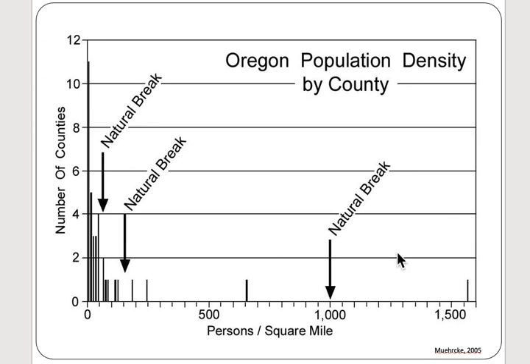Like we could see here, we see a natural break in this histogram. On the x-axis, it's persons by square mile, and on the y-axis, we see the number of counties. This histogram is based on the Oregon population density by county. So when using natural breaks, it's considering these breaks right here, and another natural break.